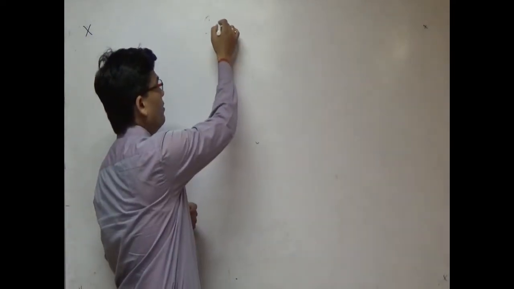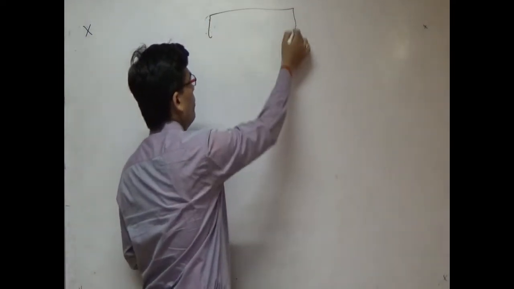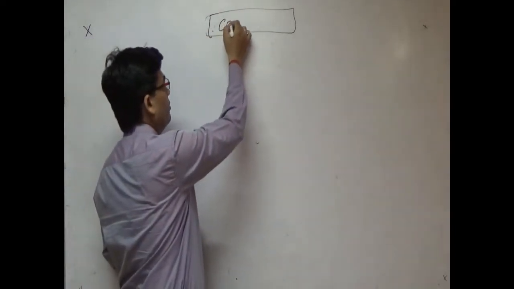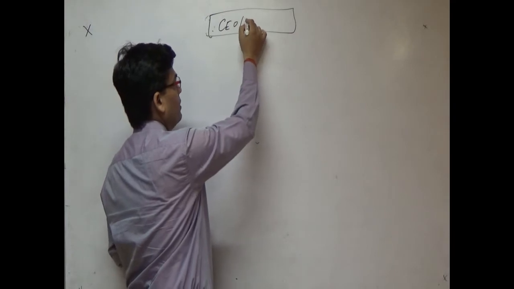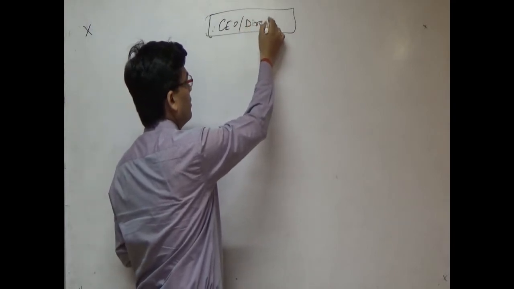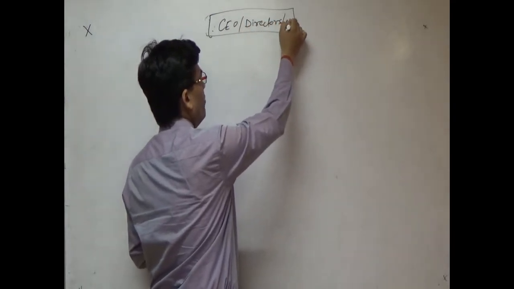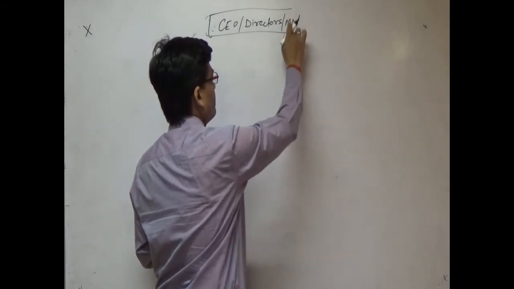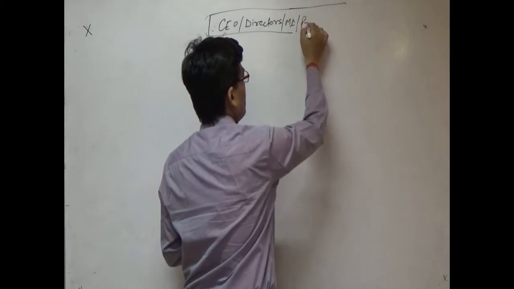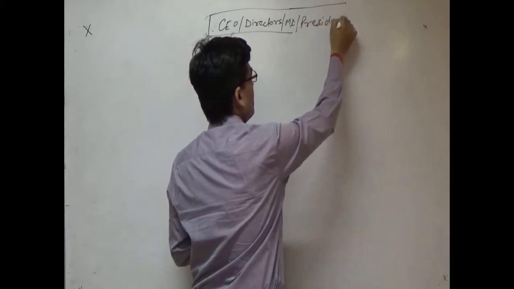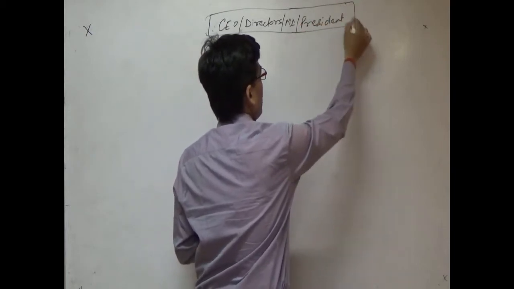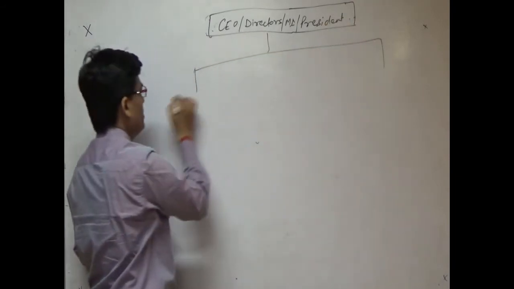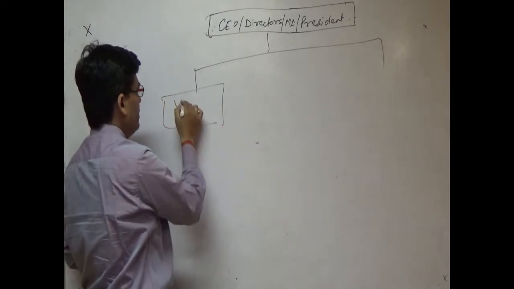If we talk about the organization chart, we have at the top the CEO, or directors, or managing directors, presidents, and so on. Then we have various vice presidents.